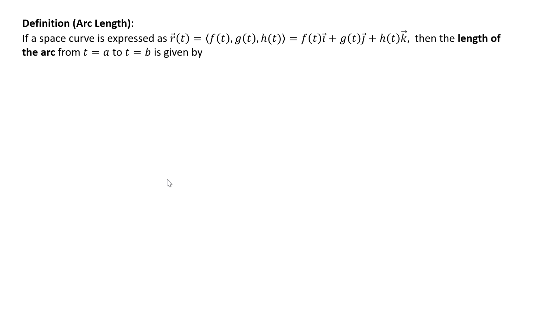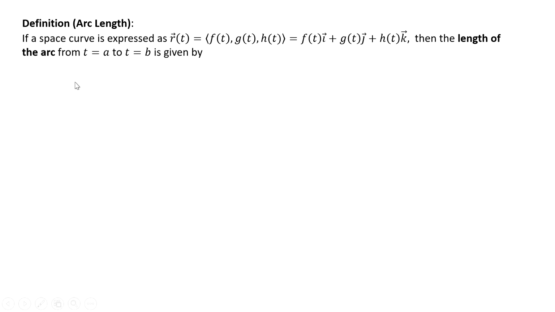So how do you find the arc length for a space curve? Here the definition says, if we have a space curve expressed as r of t is f of t, g of t, h of t, those are the x, y, z components of that position vector r, then the length of the arc. Now here is the interesting thing.